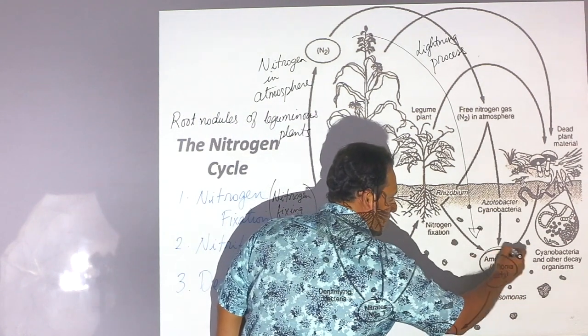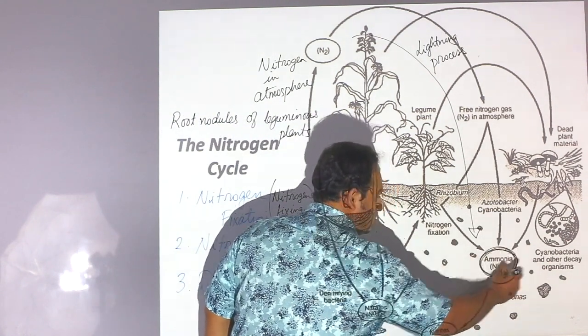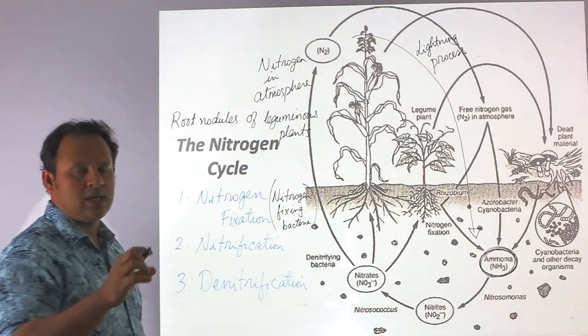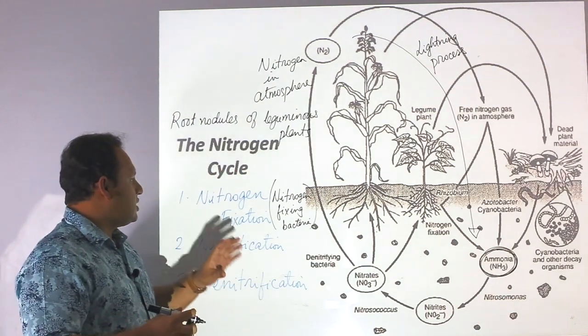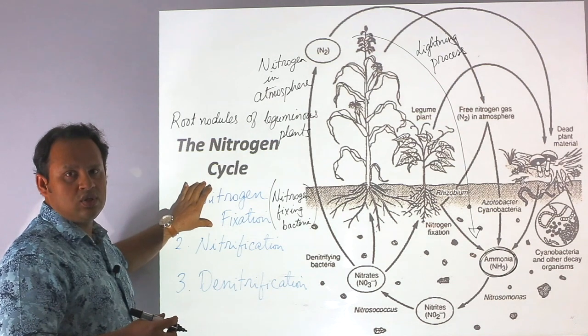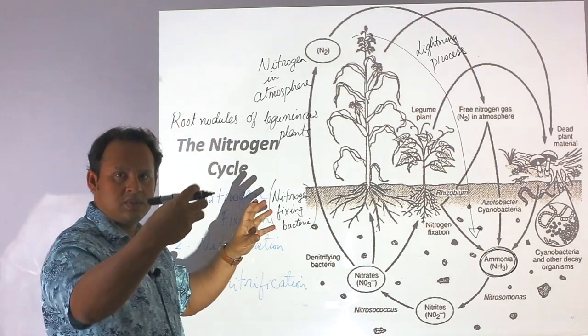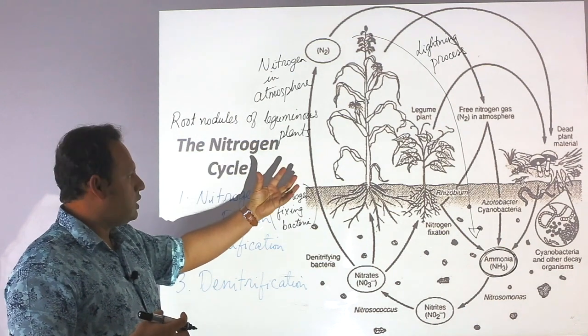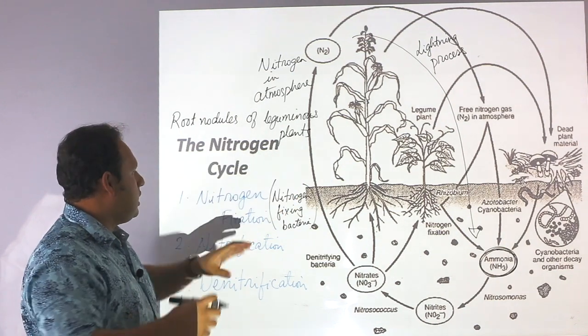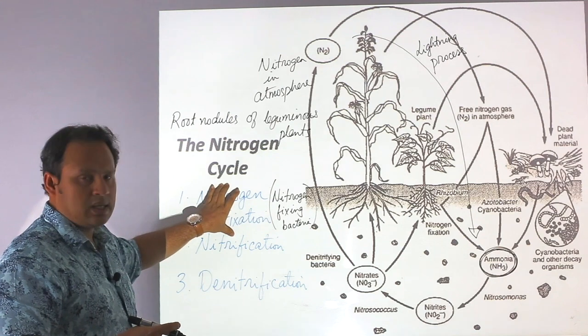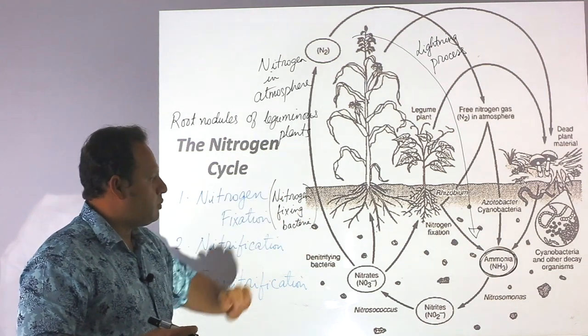So ammonia is being formed inside the soil, in the soil pores. That is called nitrogen fixation. So the bacteria are fixing, from dead organisms, the nitrogen content from the atmospheric level, and they are fixing it up into ammonia gas.